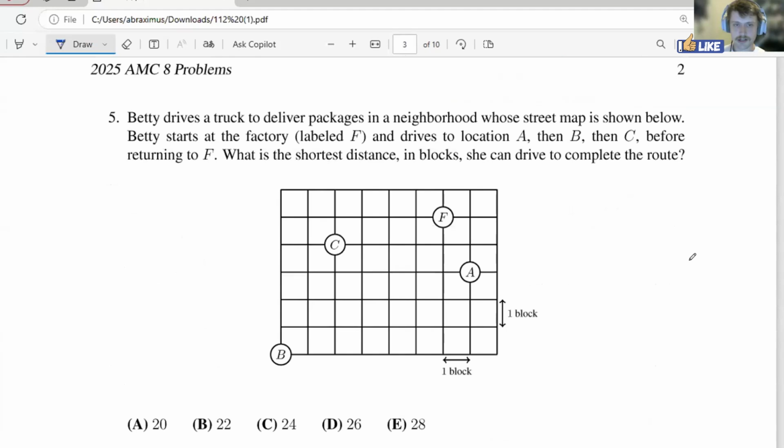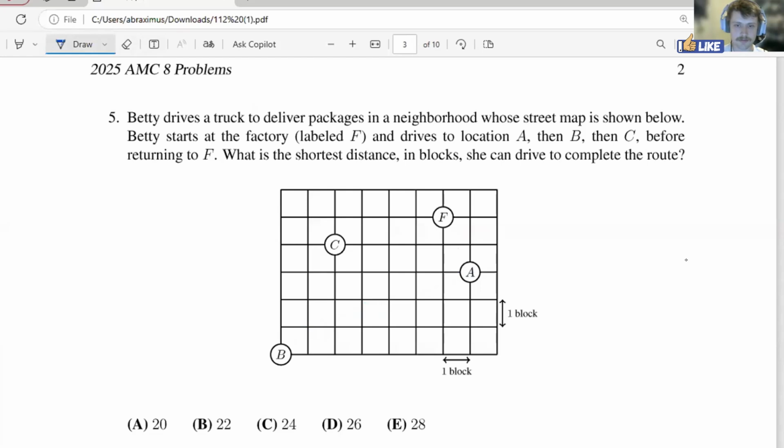Betty drives a truck to deliver packages in a neighborhood whose street map is shown below. Betty starts at the factory, labeled F, and drives to a location A. So she goes here, and then here, and then here, and then here. But she doesn't just drive straight through buildings, she follows the streets. What's the shortest distance in blocks she can drive to complete the route?